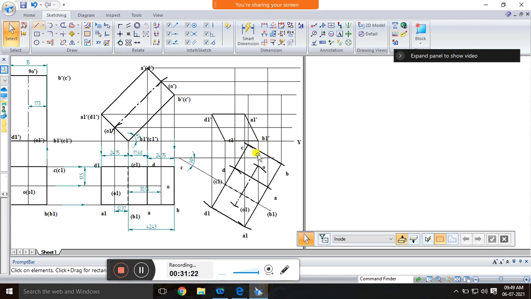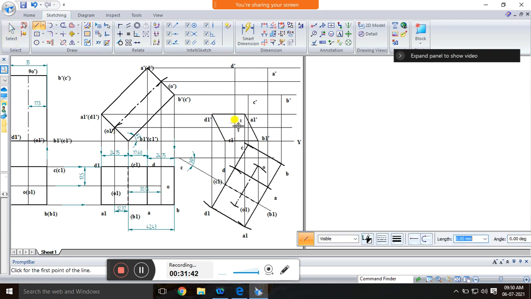And first thing, you just give the namings. This is B dash, this one is C dash, and this is A dash, and this one is D dash. Like this you have to name it.